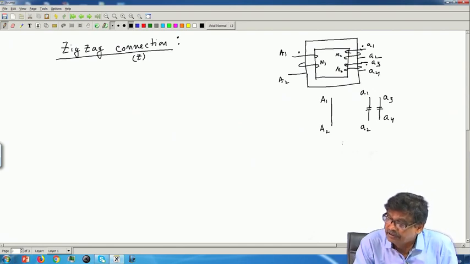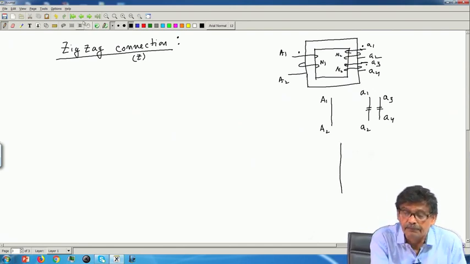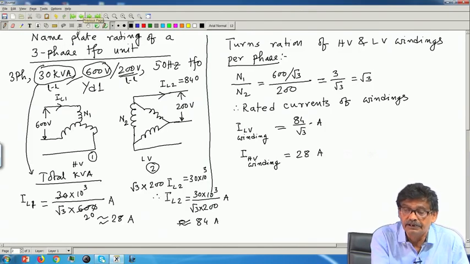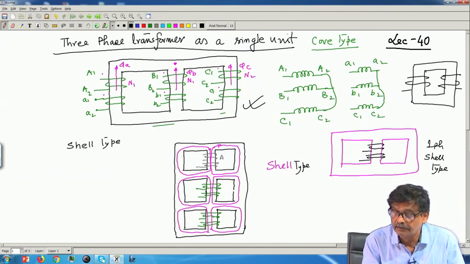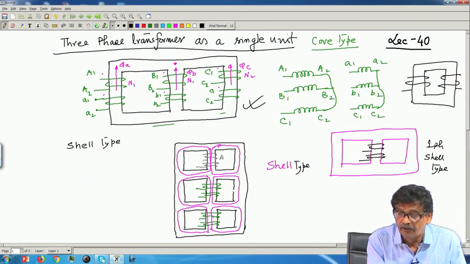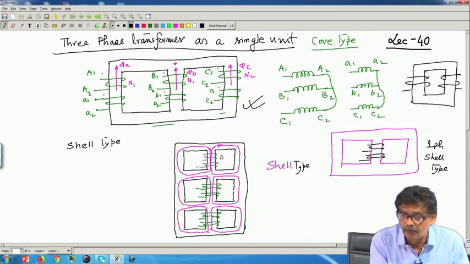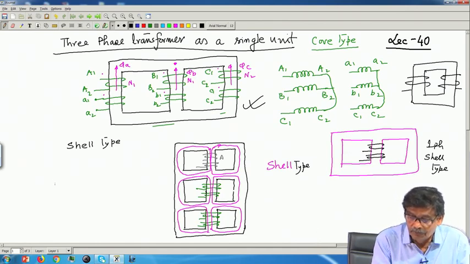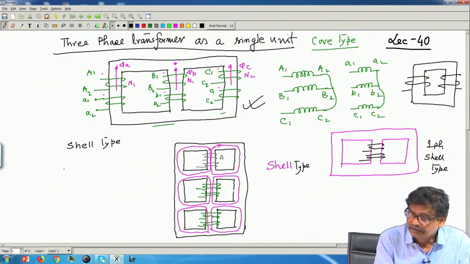In case of three phase transformers, it merely means that if I go to the previous page, which I have already drawn, for A phase, I have drawn only small a1 a2, but there is no space to accommodate another coil. What I will do here is that this limb only I am sketching.